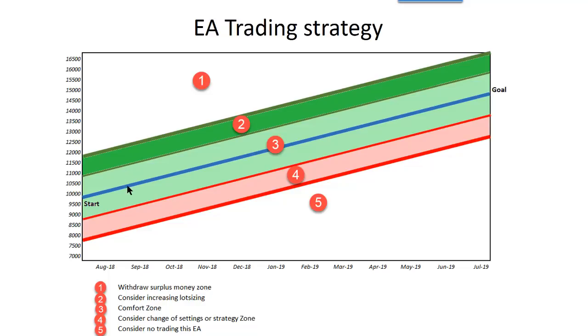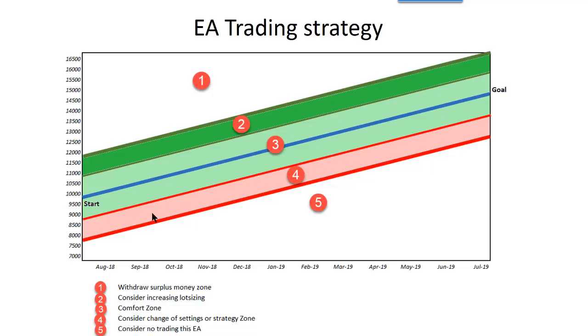Now let's have a look at when the EA doesn't go according to plan. So it goes into this pink area. Now this pink area here is an area where you've got to make some serious decisions. Are you going to give this EA more room? Are you going to let it trade any further? Because it has already incurred quite a big drawdown. So then you have to consider, is it worthwhile continuing this EA?